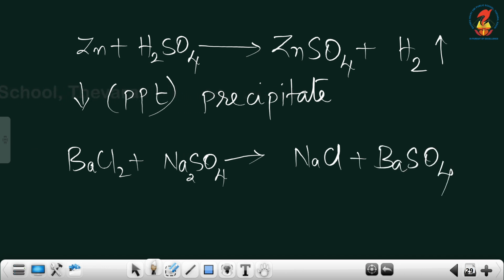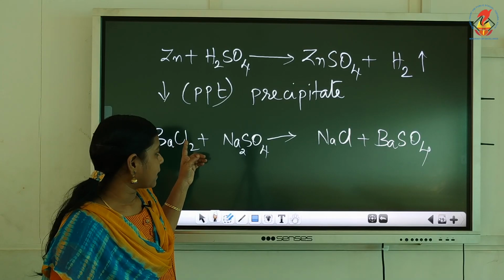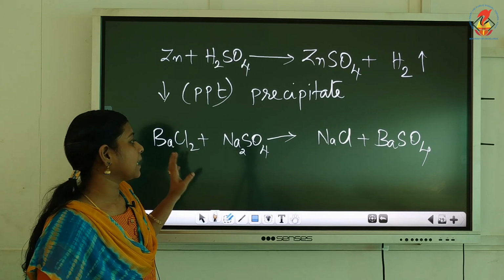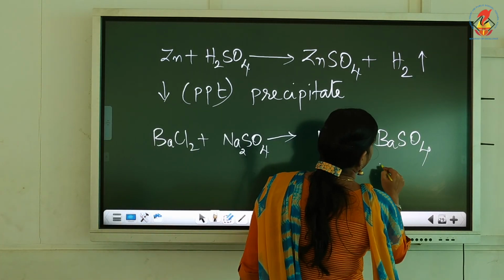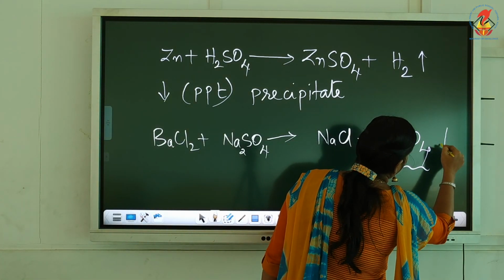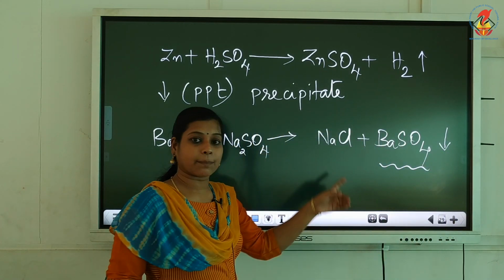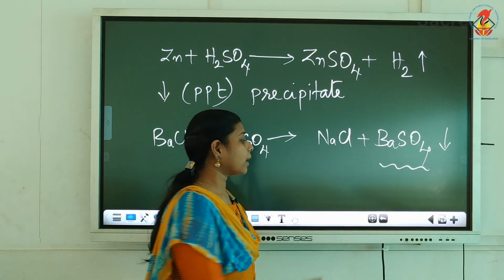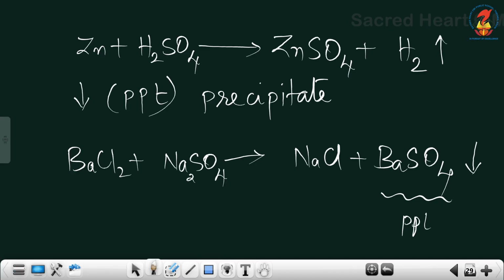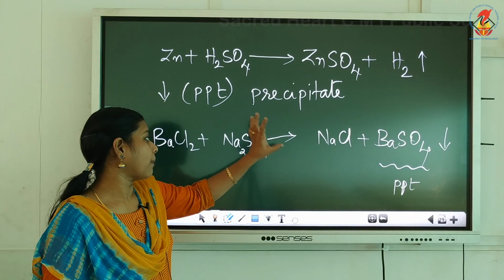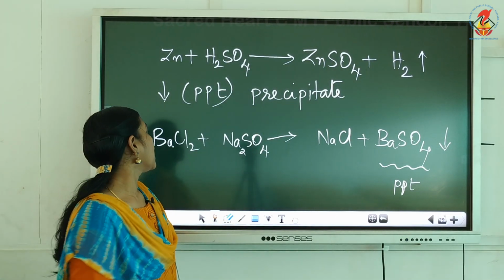In this particular reaction, we can see this is a precipitate. So barium sulfate is a precipitate. We can show its formation either by the downward arrow or in brackets you can write PPT also. Any one you can use and you can make that particular equation more informative.